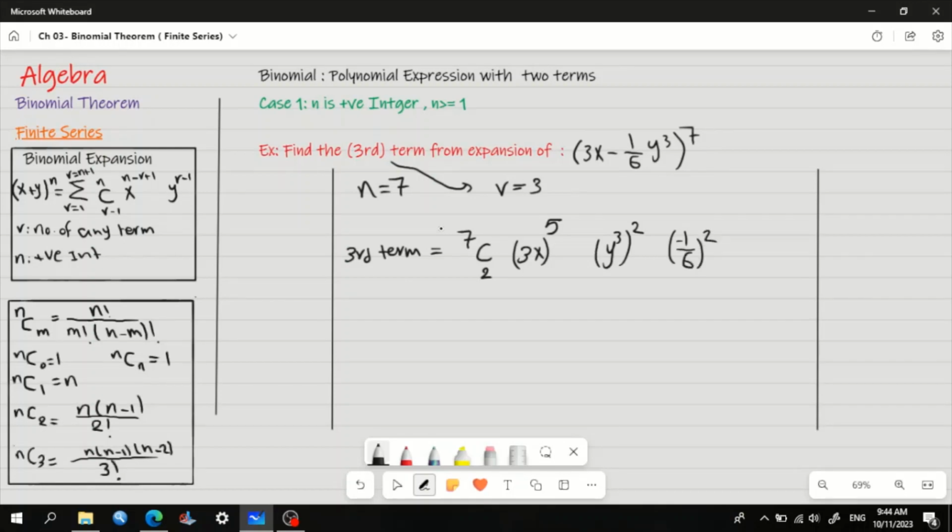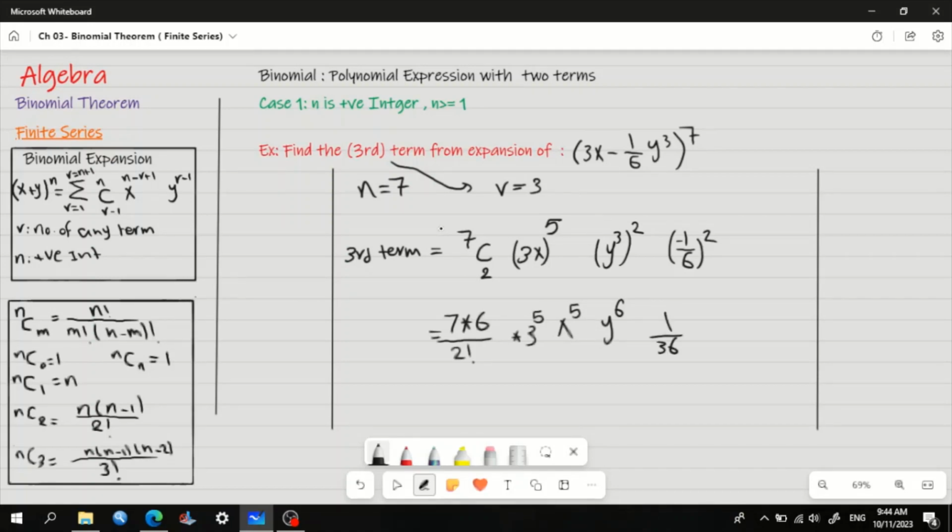So we have here equal to 7 by 6 factor of 2 and 3 power 5 x power 5 y power 6, and here 1 by 36.